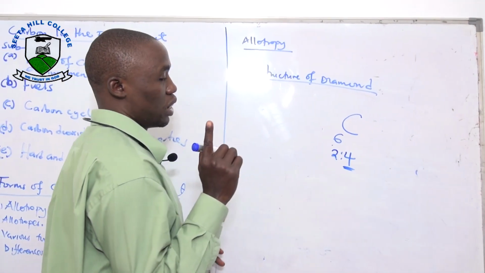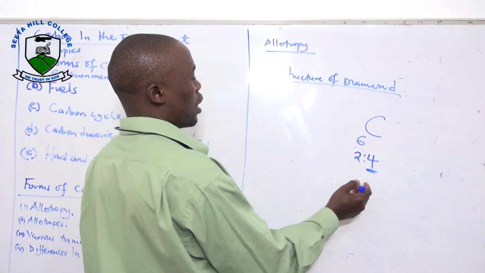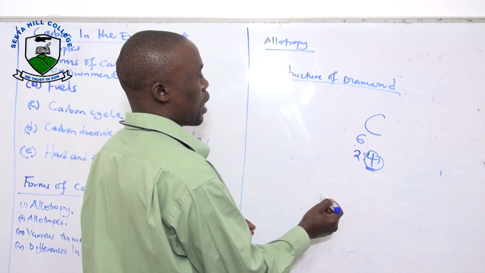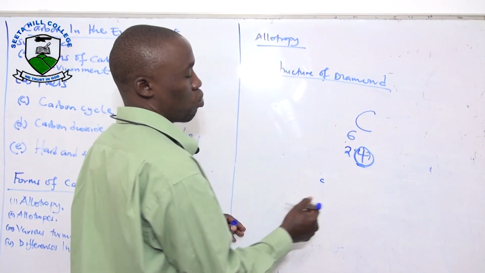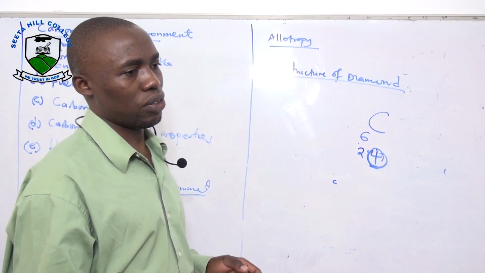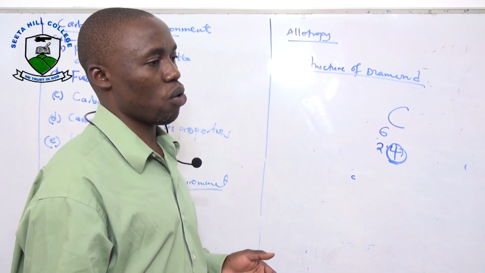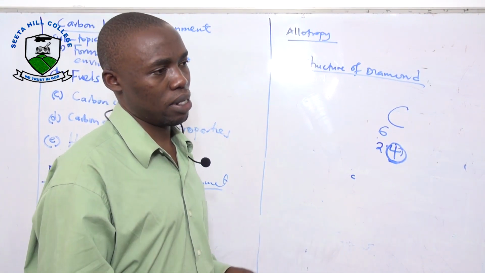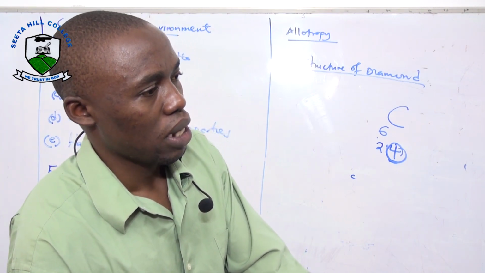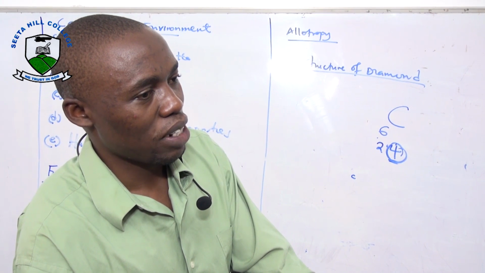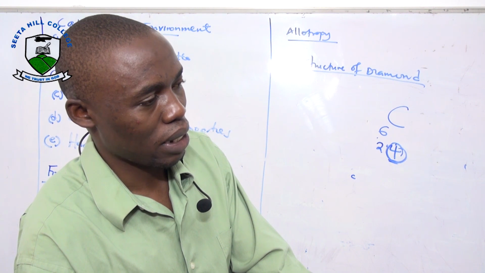Now listen. It has 4 outer electrons. Normally, when you have outer electrons, the electrons are what is used to join one atom to another atom. What joins one atom to another atom is called a bond.